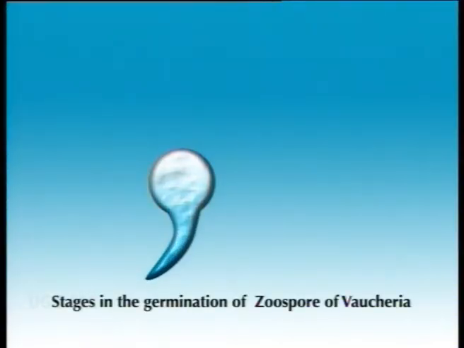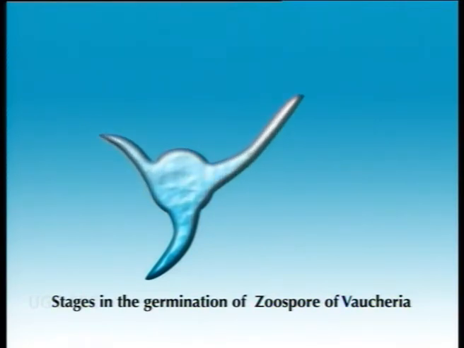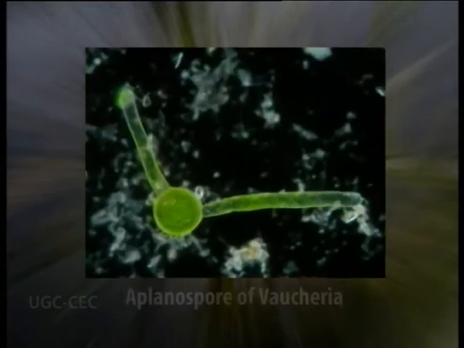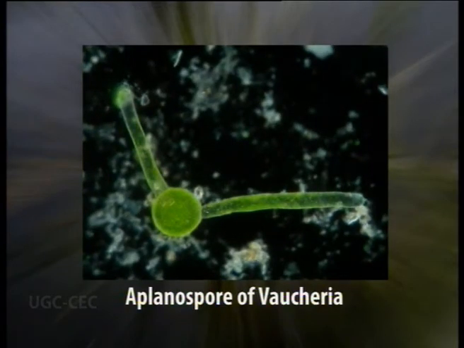The zoospore then elongates in one or two opposite directions in the form of tubular outgrowths. One of these undergoes branching to form the colorless lobed holdfast, while the other continues to grow indefinitely to produce the yellowish-green tubular filaments.